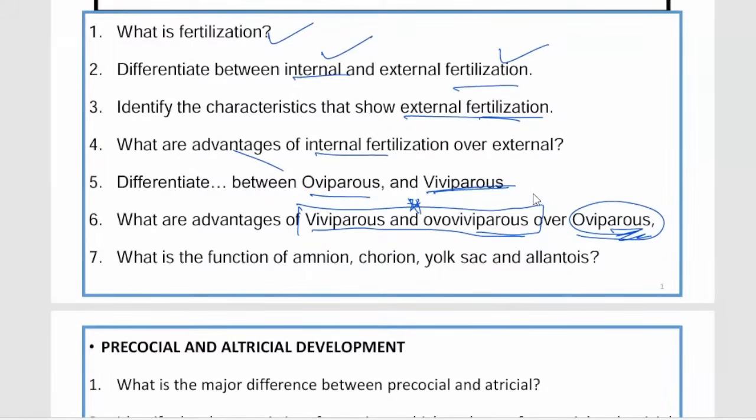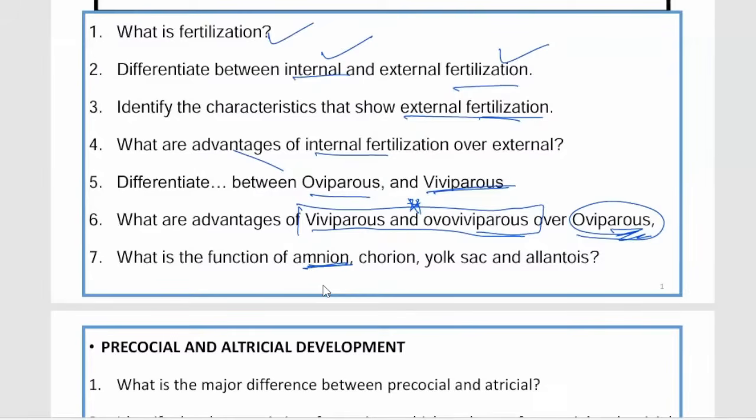Then we have the next question. They are asking what is the function of the amnion? The amnion basically brings about some bit of protection, and in the human body it has a lot of functions: cushion, temperature regulation, free movement.